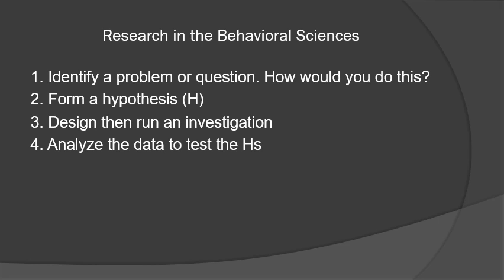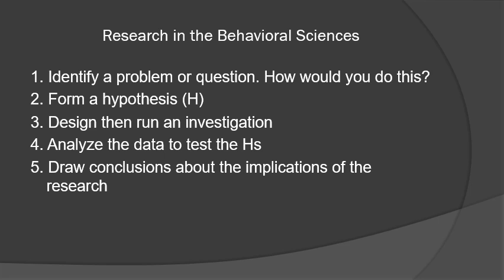You are testing to see if, in your sample, the people in general did what you hypothesized. Then from that, you draw conclusions. You take that information from your sample, and you look at implications for the larger population.